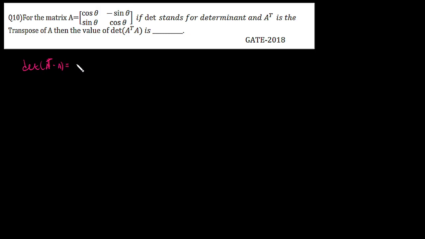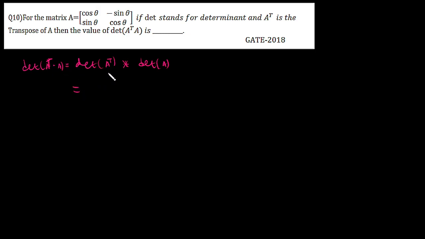So now I can equate this term to the individual determinants multiplied together. I can write it like this: determinant of A transpose multiplied with the determinant of A. In simple words, the determinant of the product is just the multiplication of the individual determinants of these two matrices.